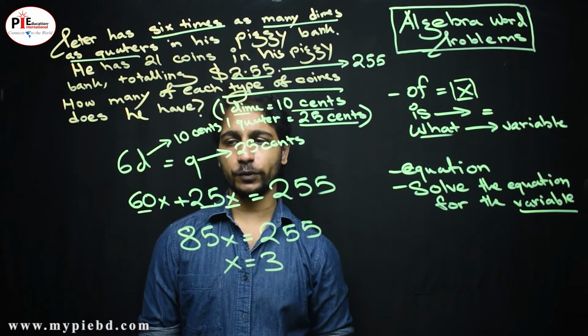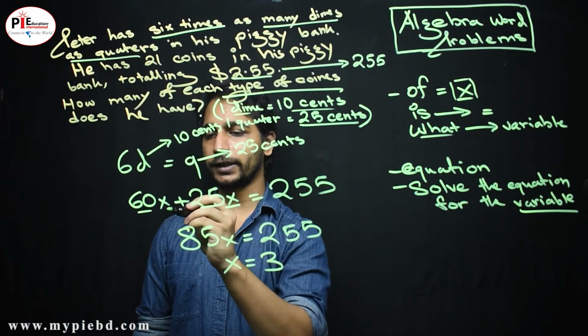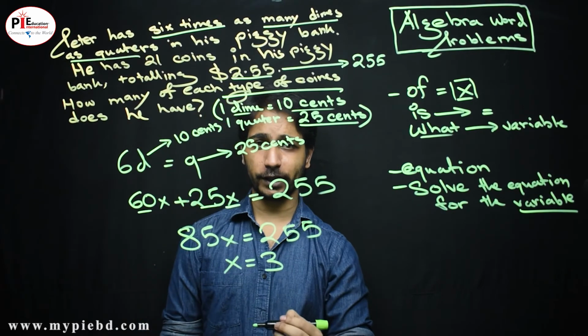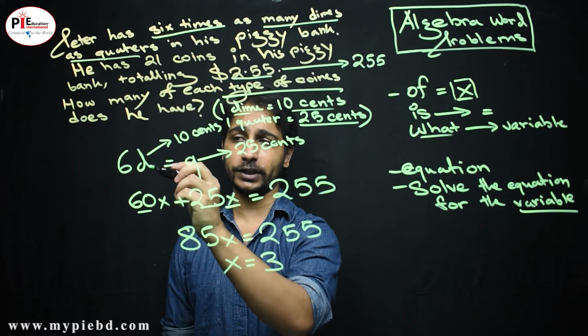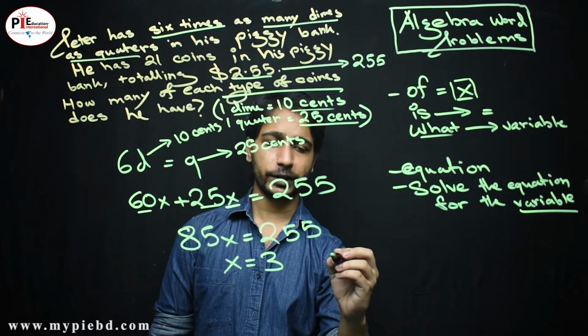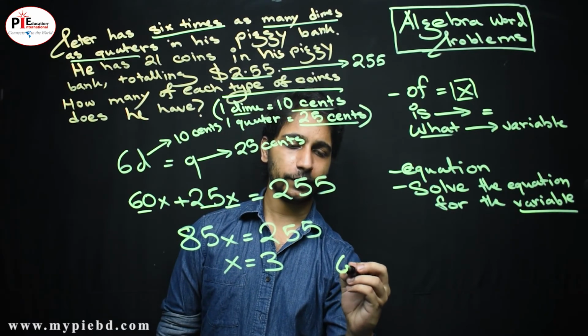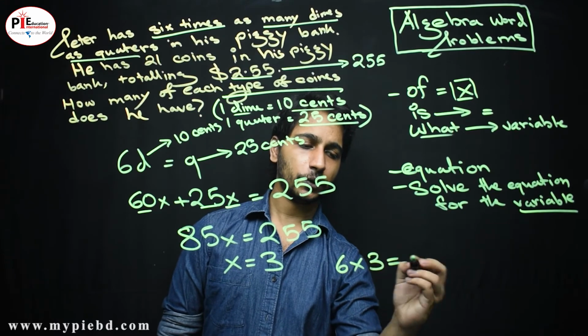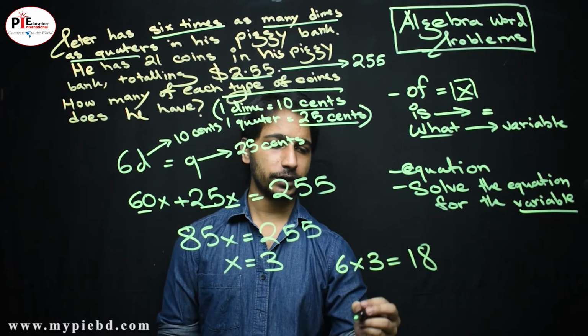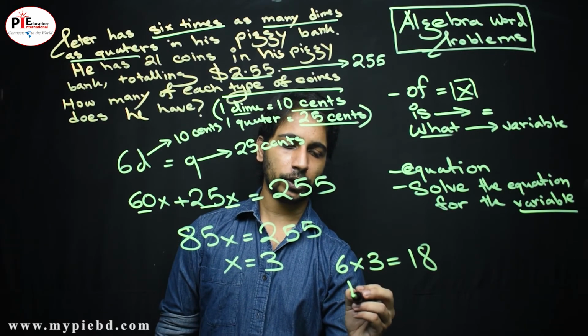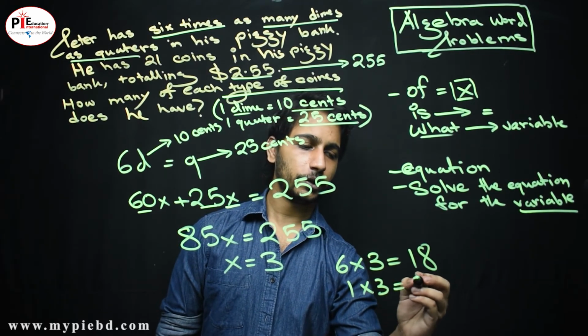If x is the number of quarters he has, then he would have 6 times 3, or 18 dimes, and in quarters he would have 1 times 3, or 3 quarters.